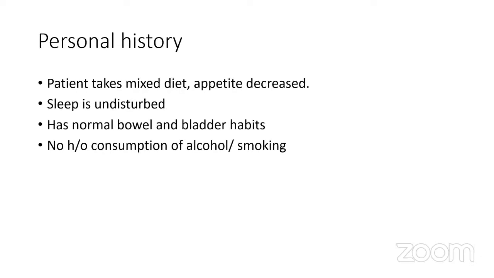Personal history: she takes a mixed diet. Now her appetite has been decreased. Sleep is undisturbed, has normal bowel and bladder habits, no history of consumption of alcohol or smoking.